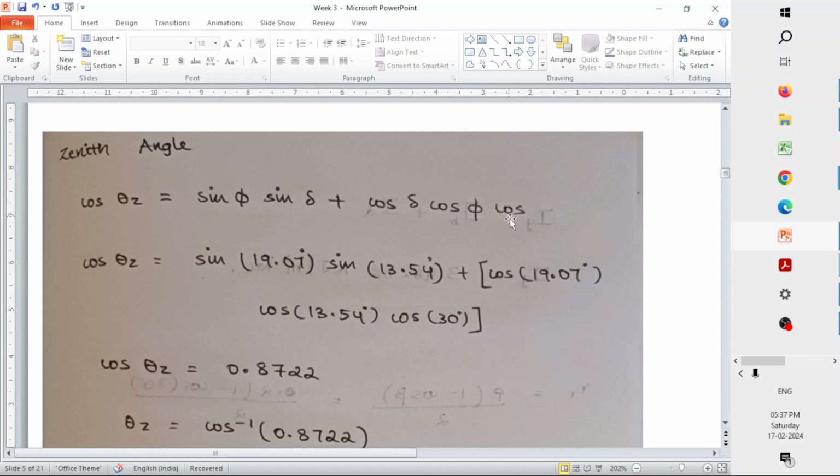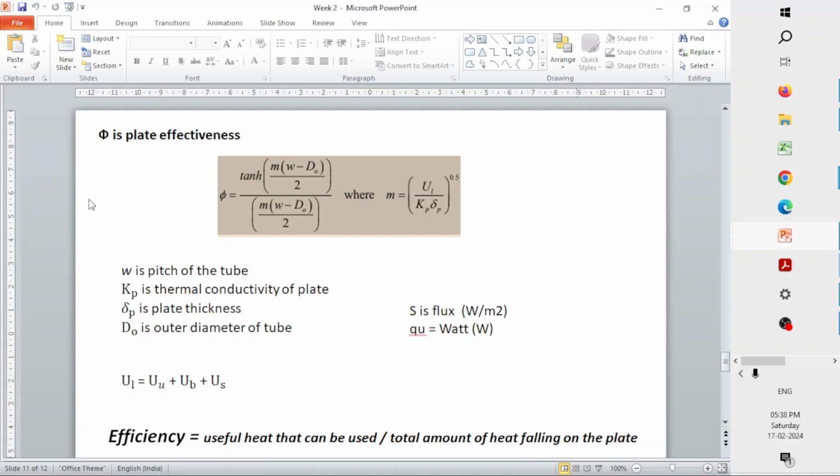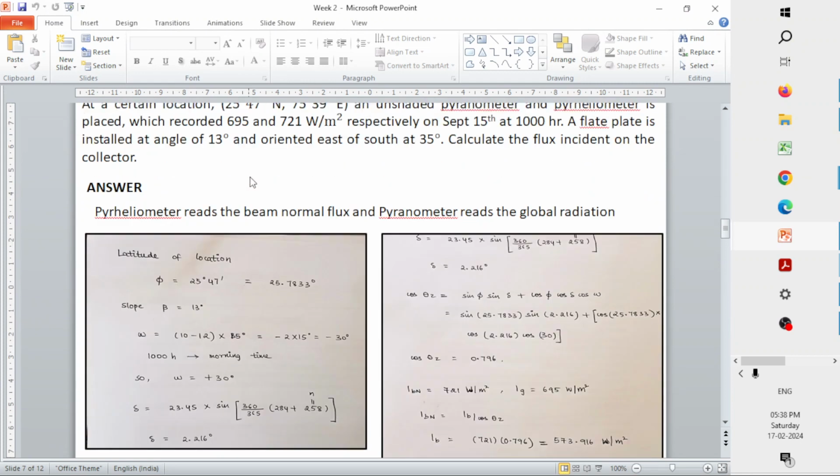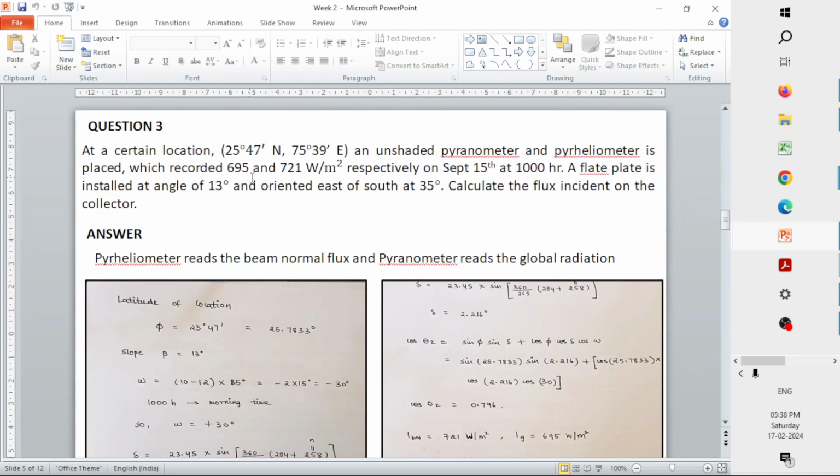So the formula of zenith angle is this one: sin phi sin delta plus cos delta cos phi cos omega. Here I have not written omega, so the value here would be cos omega. Like for example, we have solved this zenith angle question in week 2 also.